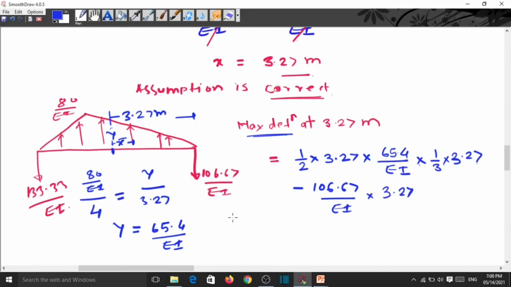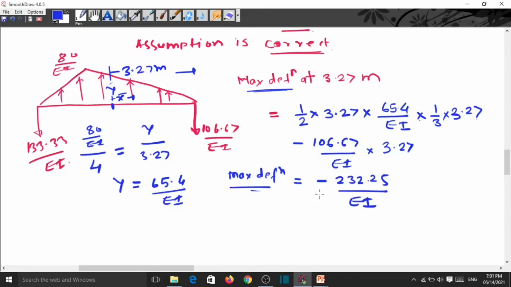So that is the maximum deflection, this value is minus 232.25 divided by EI.